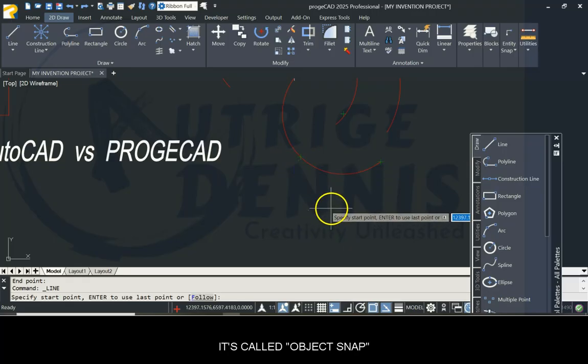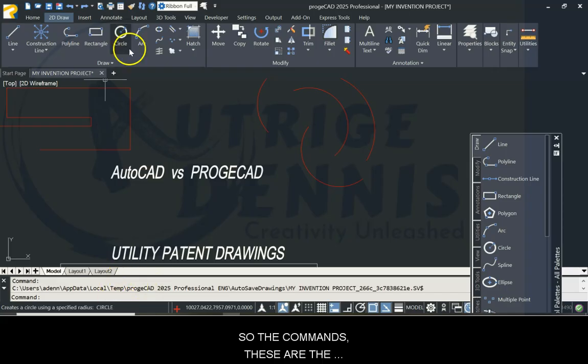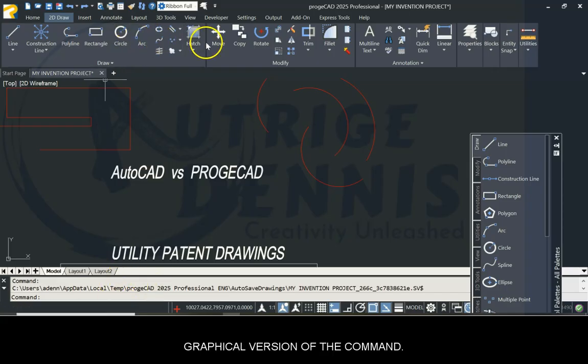It's called object snaps. And there is the customizable tool palette with all the tools. These are the graphical version of the commands. So instead of typing line, you can just click that. Instead of typing arc, A-R-C, you just click that.